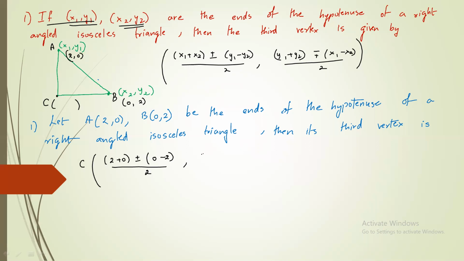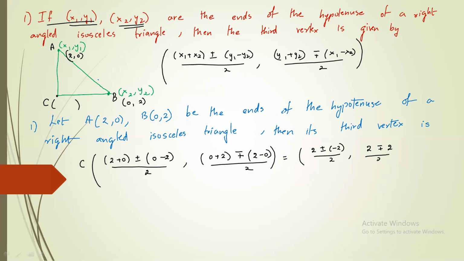And then y1 plus y2, that is 0 plus 2, minus or plus x1 minus x2, that is 2 minus 0, by 2. On simplifying this, we get (2 plus or minus minus 2) by 2 and (2 minus or plus 2) by 2.